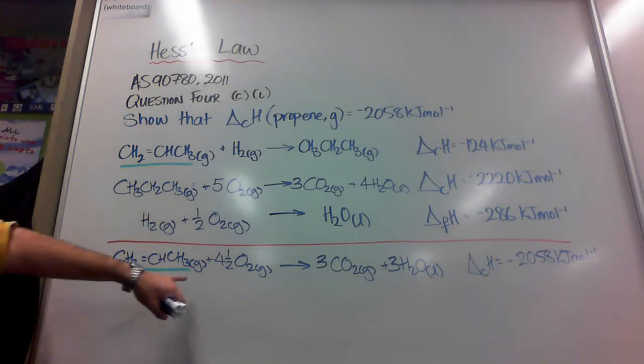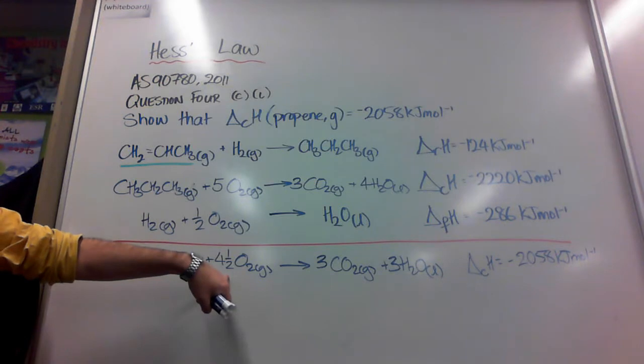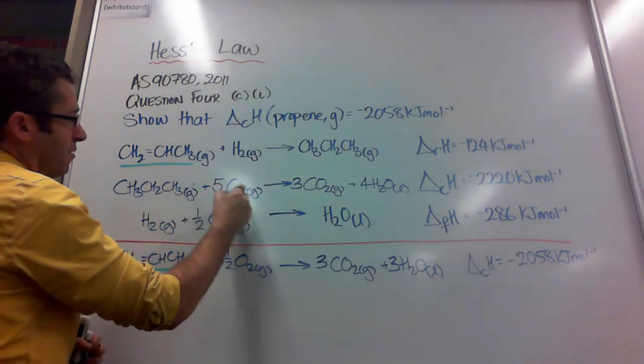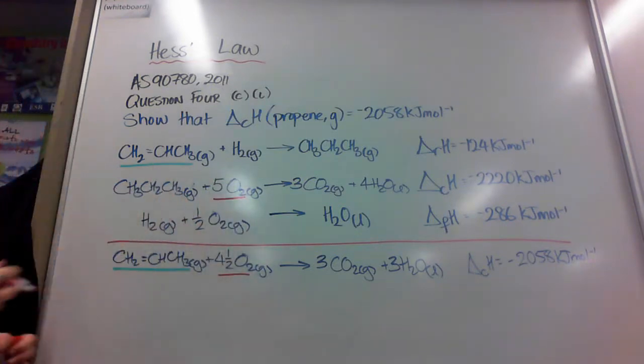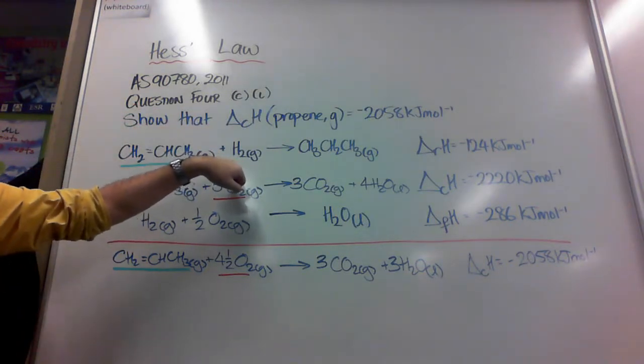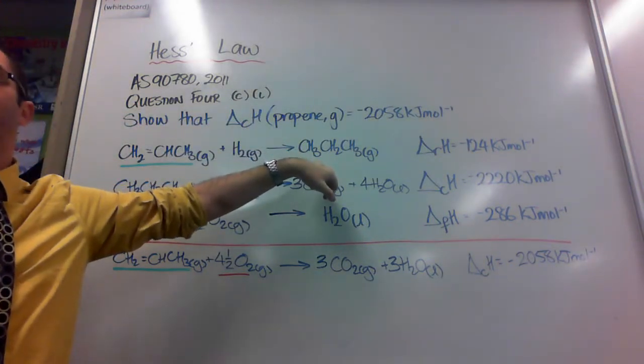I also have a look here, there's 4.5 oxygens here. Well, that's similar to 5, so they're probably going to be together as well. They may not be though, so I need to really think about that. Now I'm looking for things that I need to get rid of. So if I follow this reaction through, I've got hydrogens I have to get rid of, and it's made propane.